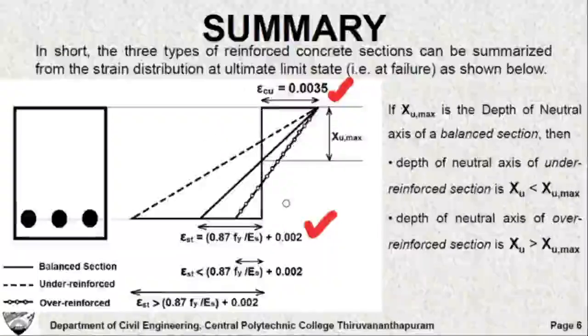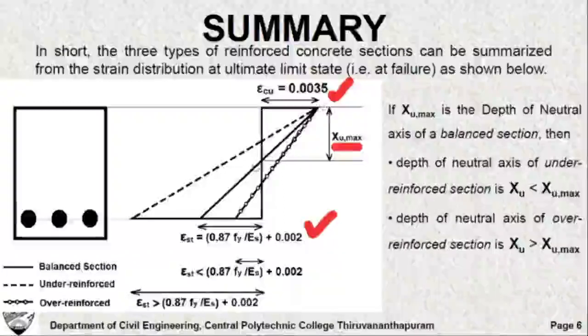Now let us call the depth of neutral axis as the distance from the extreme compression fiber to the neutral axis. The neutral axis is somewhere here, where the strain distribution changes from compressive strain to tensile strain, and we call the depth of neutral axis equal to XU max in case of balanced section.